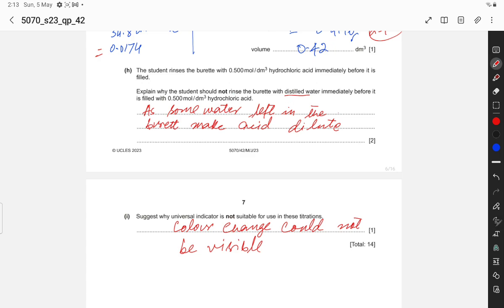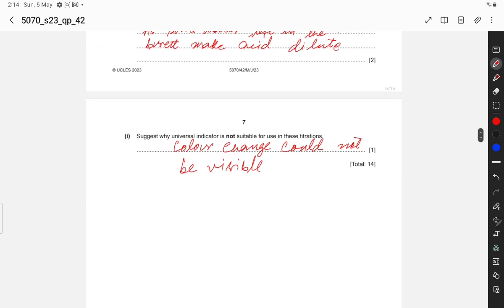If we wash the burette with distilled water, some water is left in the burette which makes the acid dilute. So this is the reason why we don't wash the burette with distilled water.